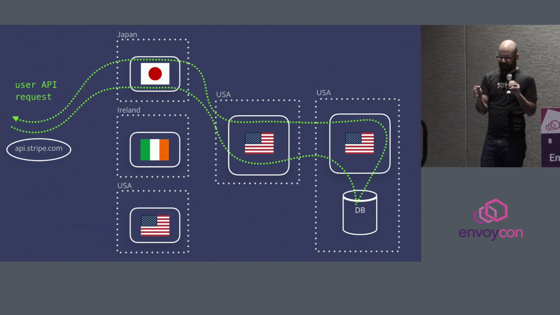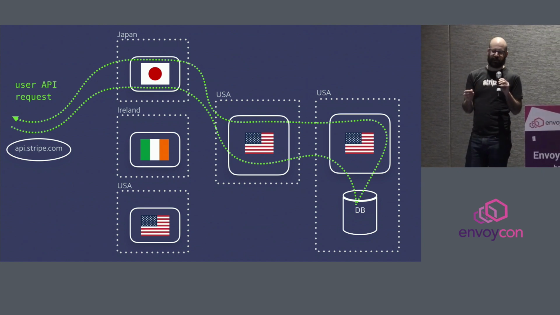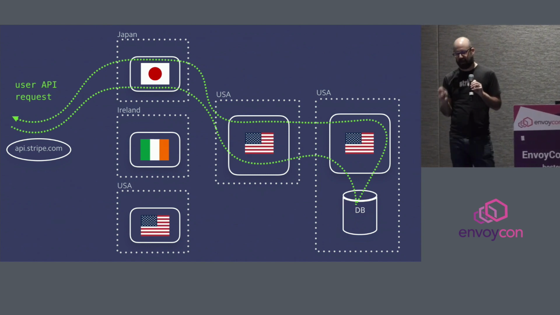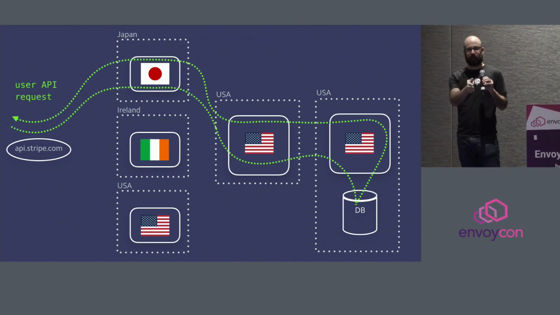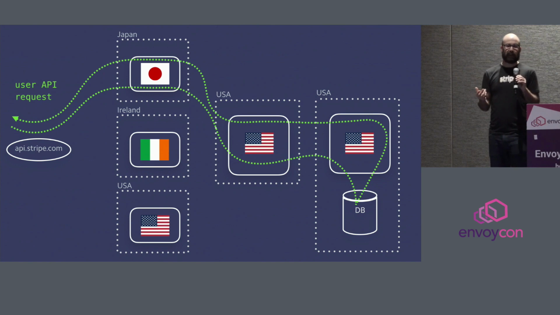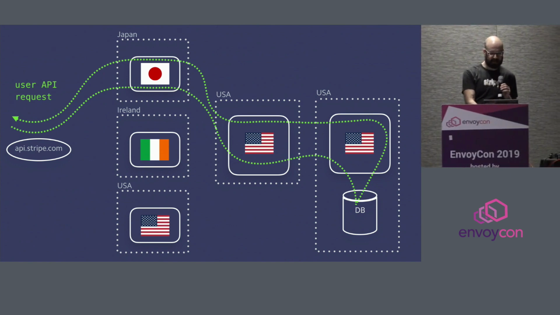Now, again, there's nothing about this, the part that Envoy can help us with is making that leap from 2 geographically distant points. Japan, Ireland, those places aren't getting any closer to the US no matter what fancy tricks we wish we could pull.